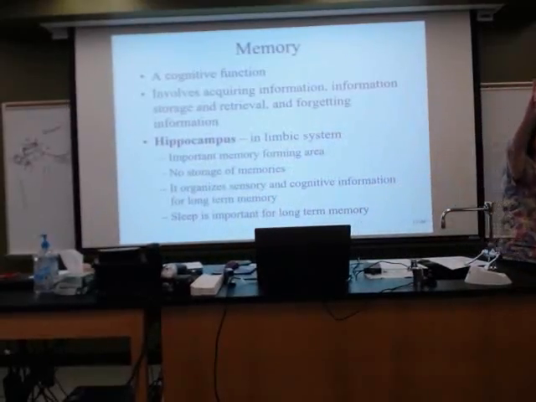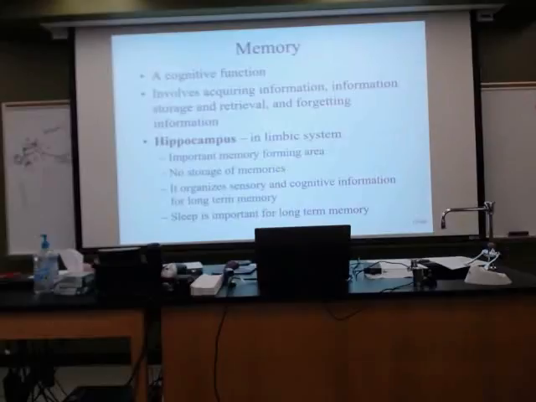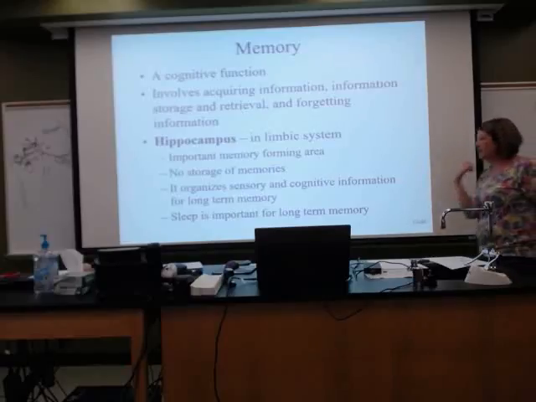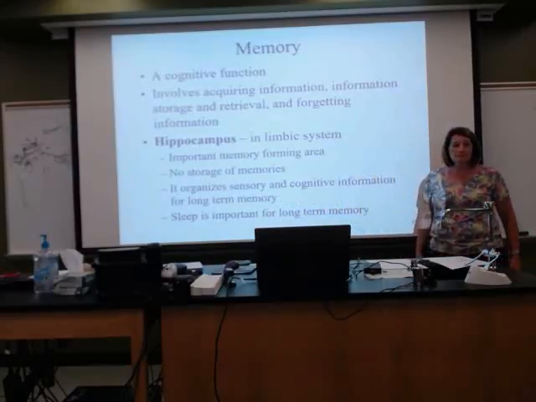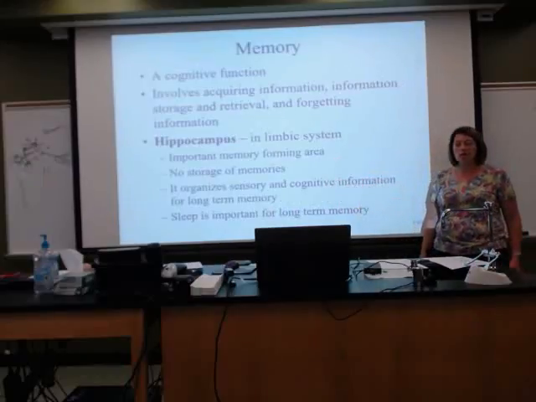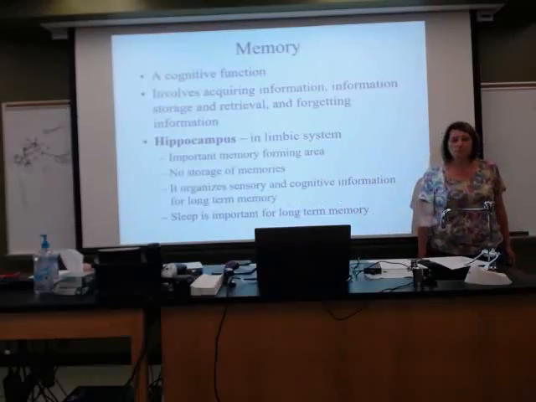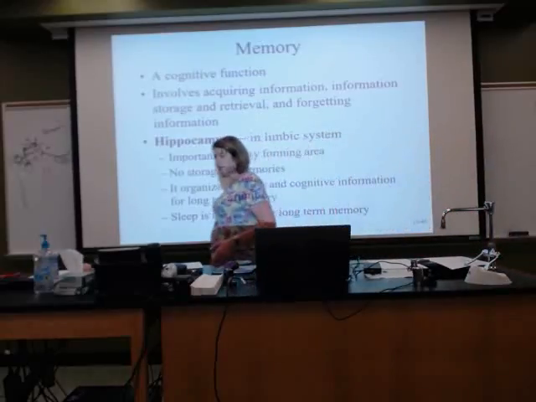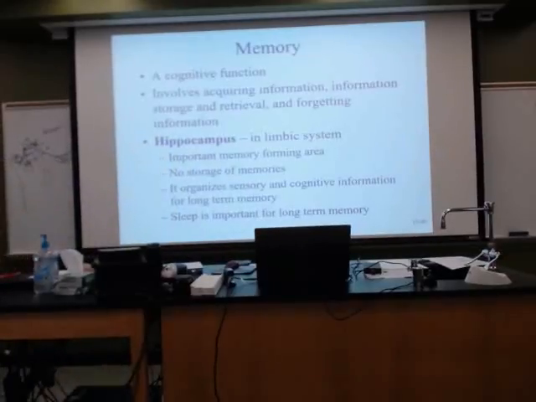Forming a memory requires some higher order functions of your brain, okay? It can help us organize the information to get it ready for long term. However, if you do not give the brain what it needs to form the memory, it won't happen.